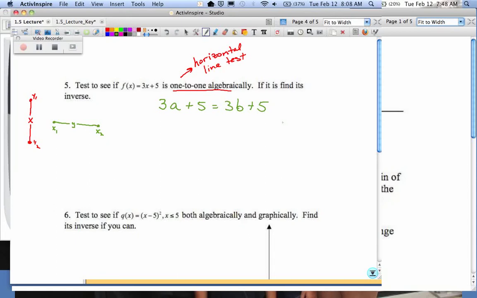That as far as inputs go, what did I put in for x? Was I putting in the same input or different inputs? By writing it a and b, I'm making the implication that one group is plugging in something and another group's plugging in something else, right? By setting them equal, what implication am I making?